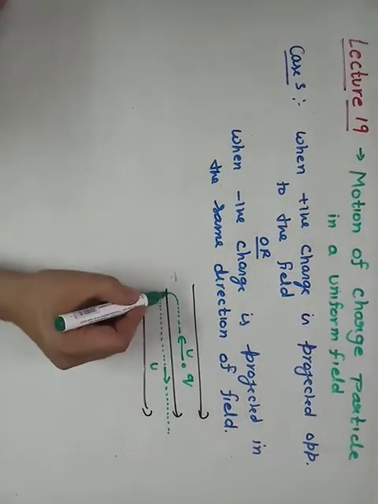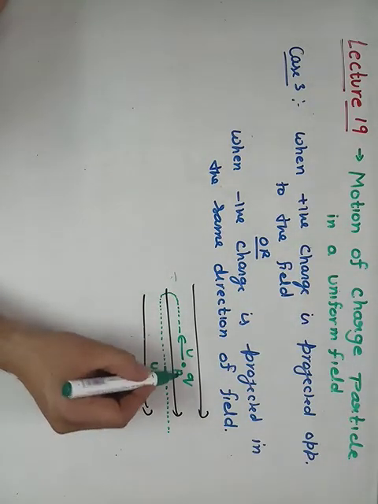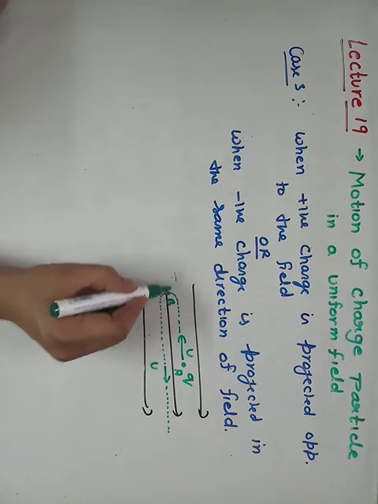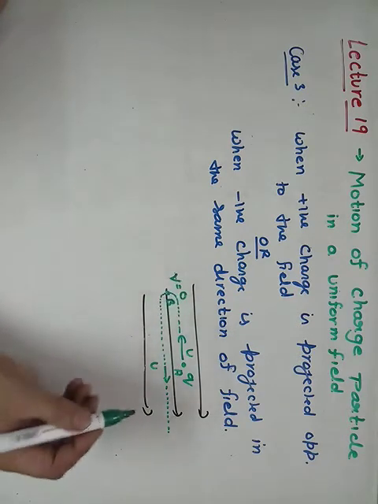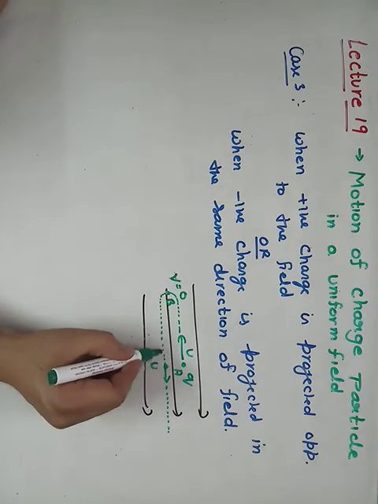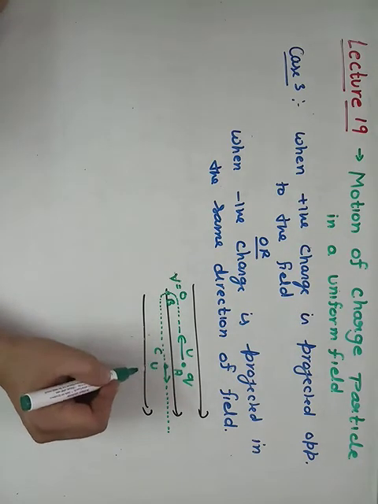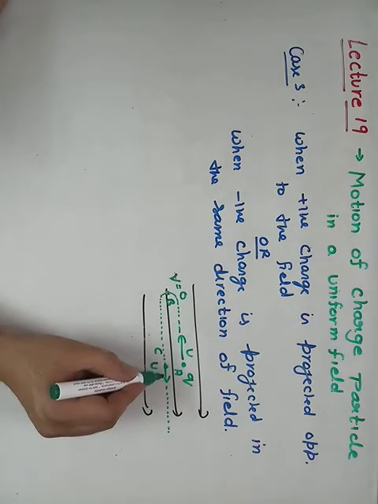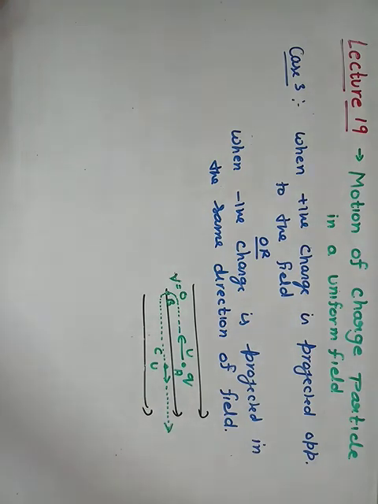That means at this point, let it be A, at this point B, the velocity will be 0. At this point C, when it returns back to the same level of A, its velocity will be the same but in the opposite direction. Now it goes on increasing in the direction of field.